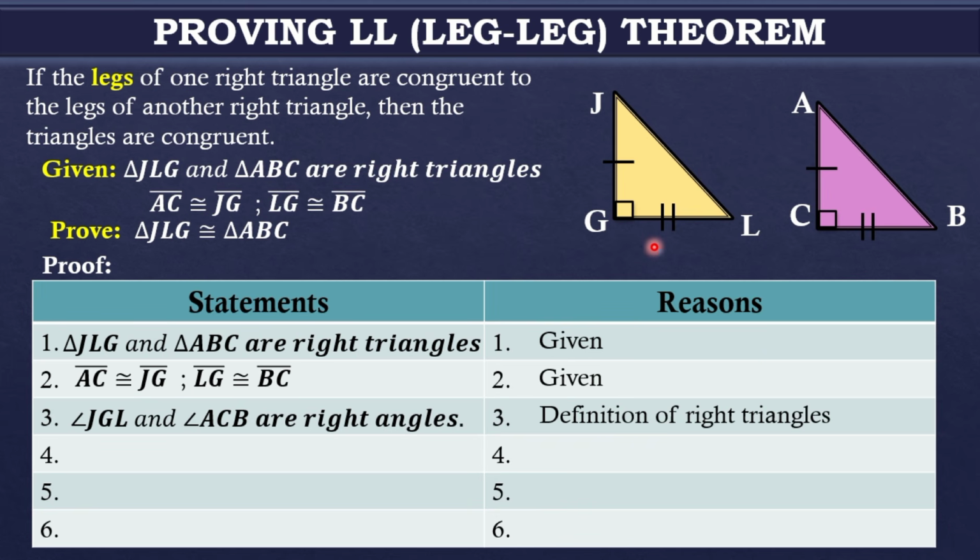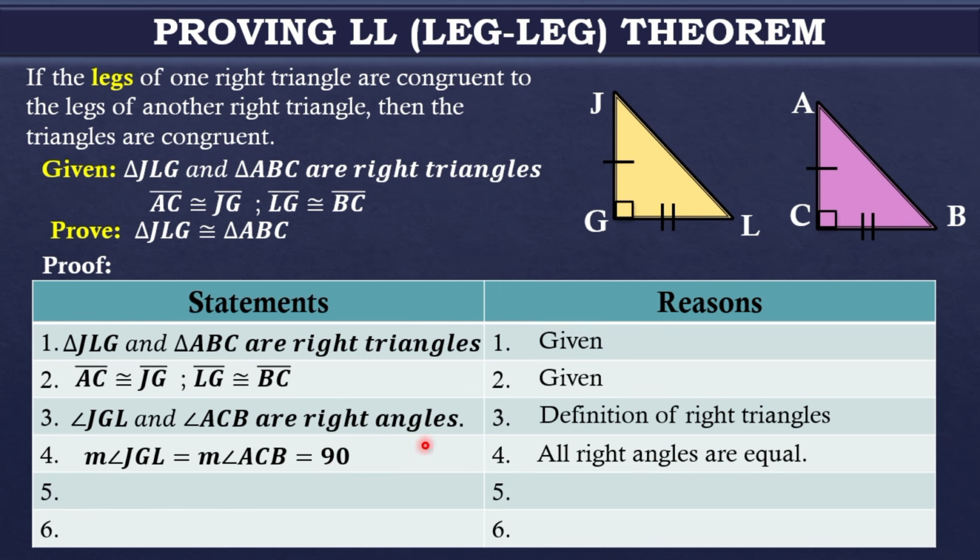Next, since right angles sila, ibig sabihin, the measure of angle JGL is equal to the measure of angle ACB, which is 90. So, kapag meron tayong right angle, automatic the measure is 90. And that is, all right angles are equal.